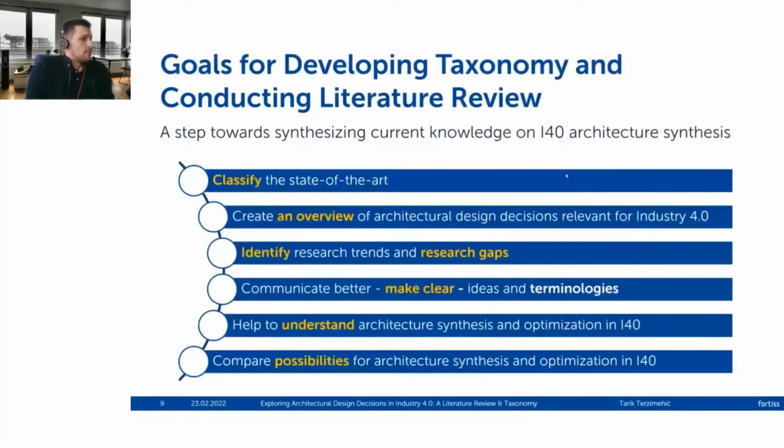Exactly. So I already mentioned what we did. We also want to identify research trends and the research gaps, which is also something that we get from this work. We also want to communicate better our ideas and terminologies when we speak about architecture synthesis, and also to understand this better.